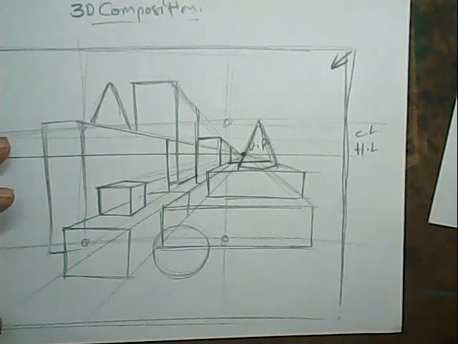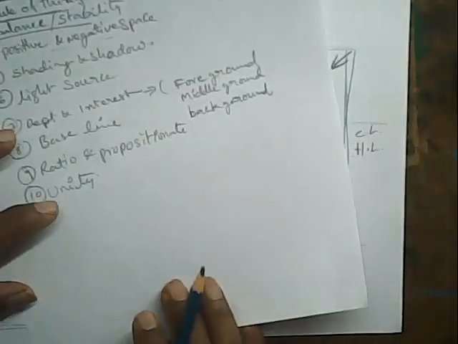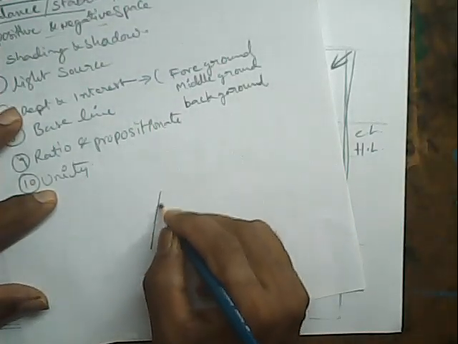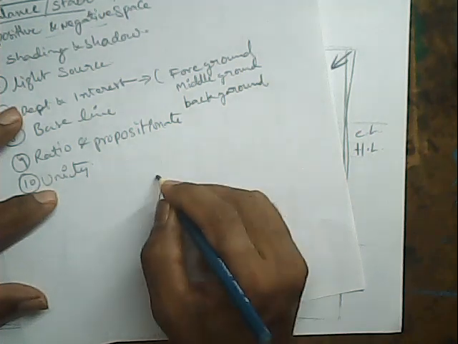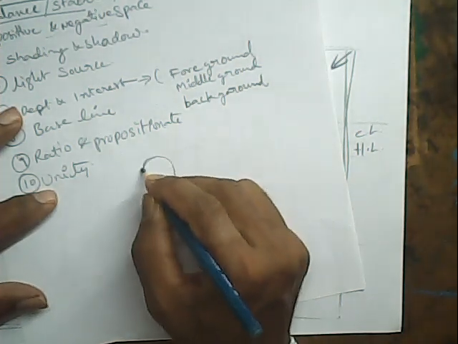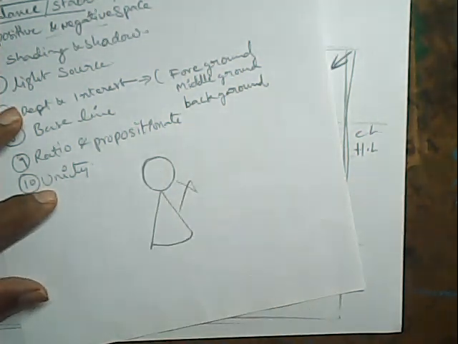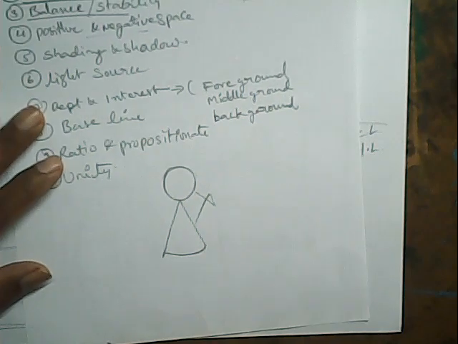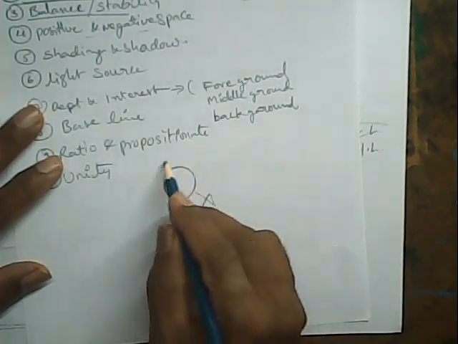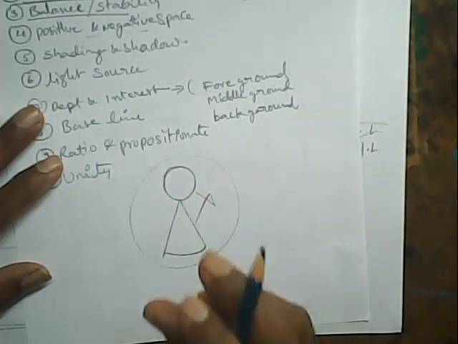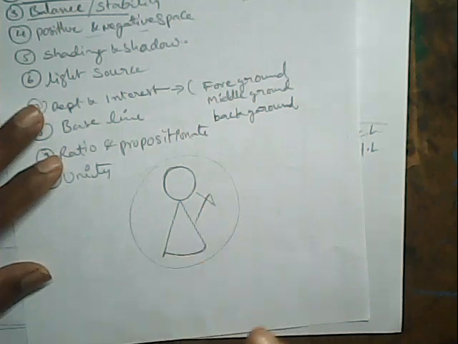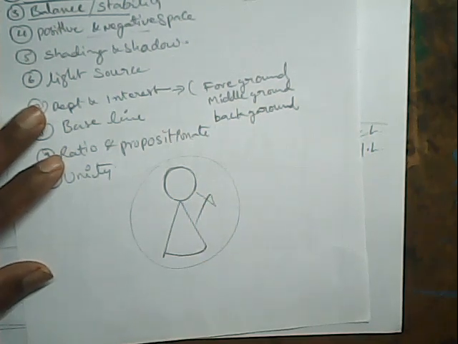An example of something not balanced is if I keep a sphere on top of a cone. It is wrong, it won't be stable at all. So stability is important in composition.